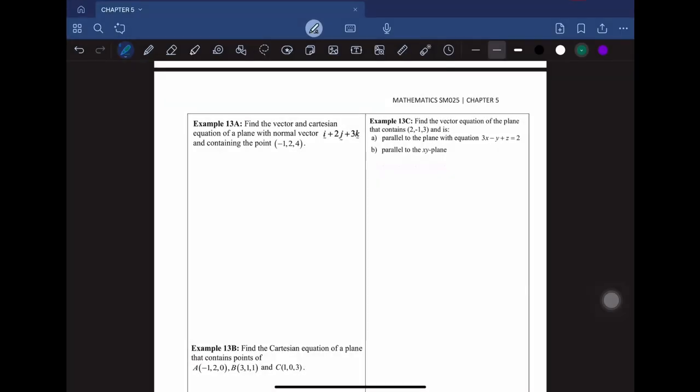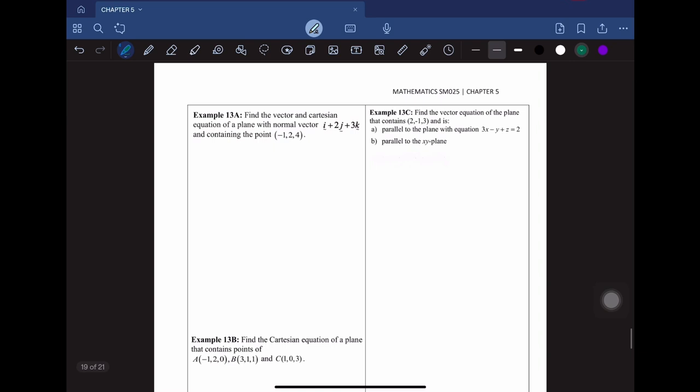Now let's go through these three examples. Example 13a asks us to find the vector and Cartesian equation of a plane with the given normal vector and also containing the point (-1, 2, 4). We already have the information needed, which is the normal vector and the fixed point on the plane.